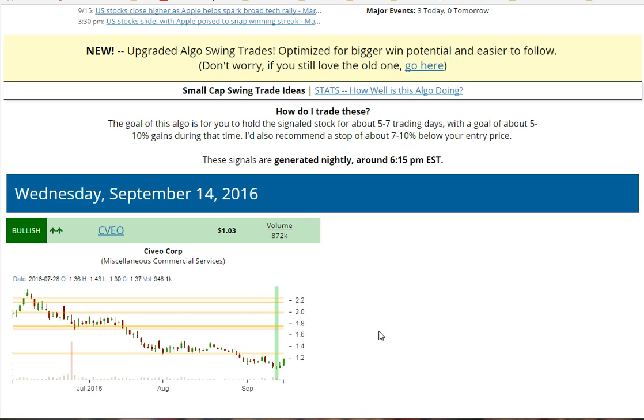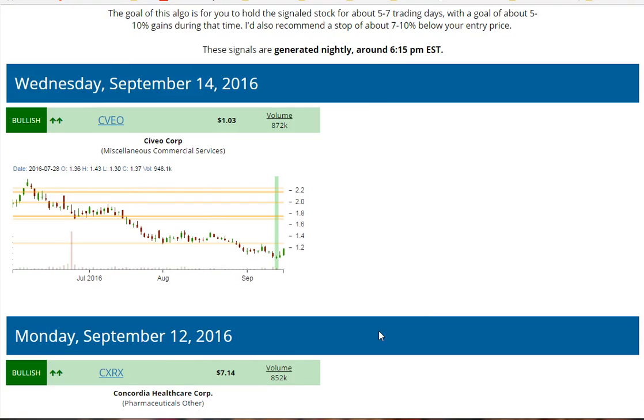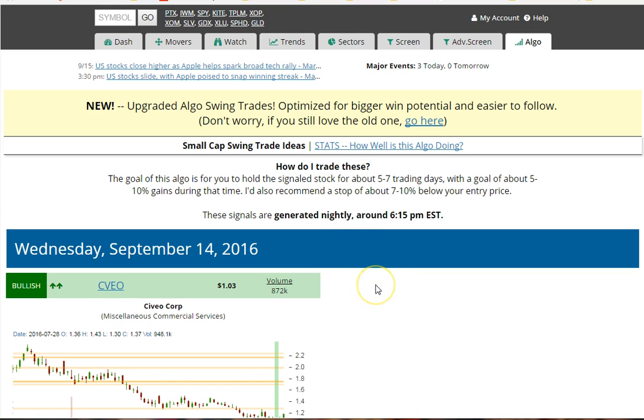I'm going to start putting it into some actual trades and see what the dollar values are for trading these in the way that they're intended. But for this video, I'm just going to show you the page in general, what you're going to see every day.